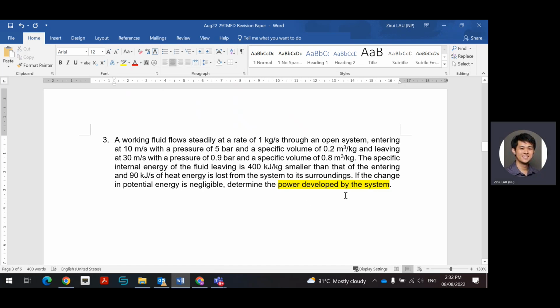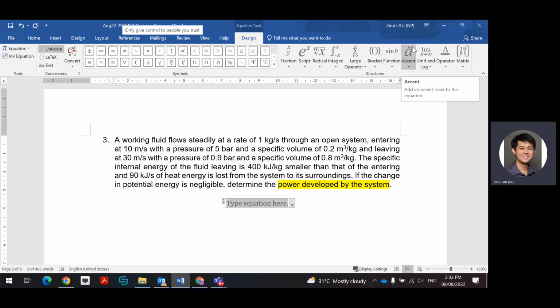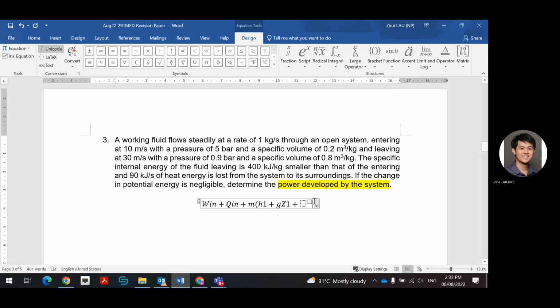Okay, so let's take a look at the equation that we want to apply first. The equation that we apply here will be our non-flow equation, your steady flow equation: W in plus Q in plus m dot times H1 plus g Z1 plus C1 square over 2, equals the same thing on the other side.